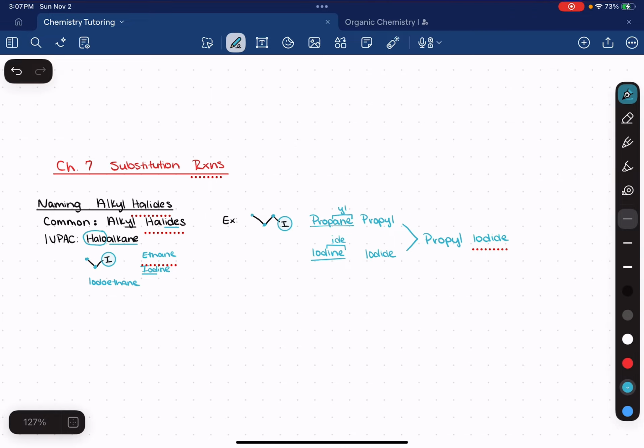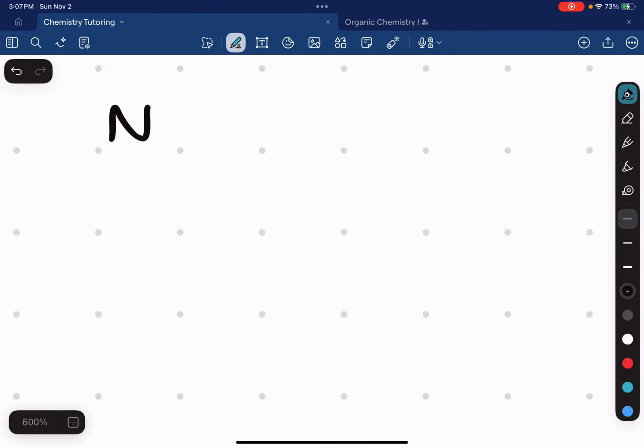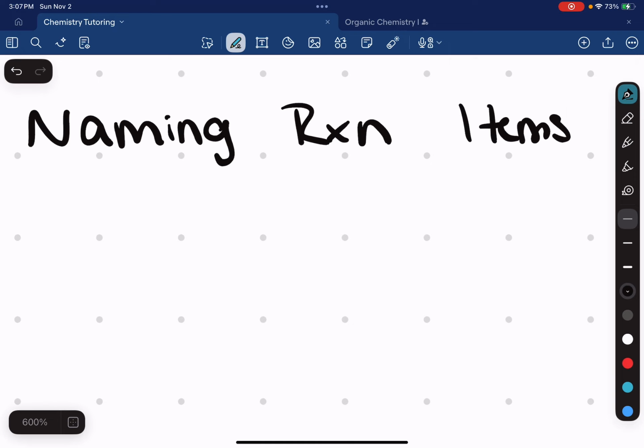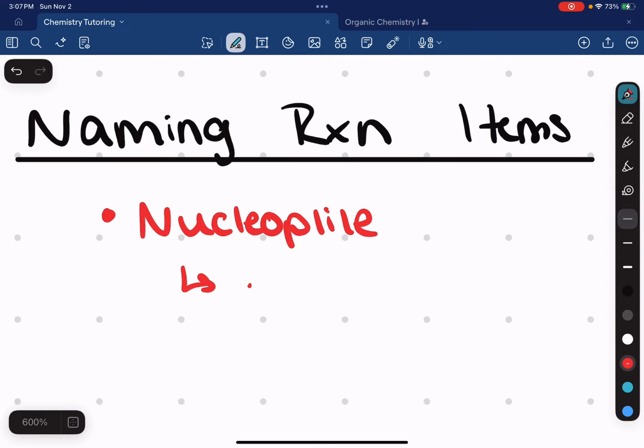Let's go with naming the parts of our reactions. Naming reaction items. So for this, all SN or substitution reactions are going to have a nucleophile, which attacks positively charged ions, right?